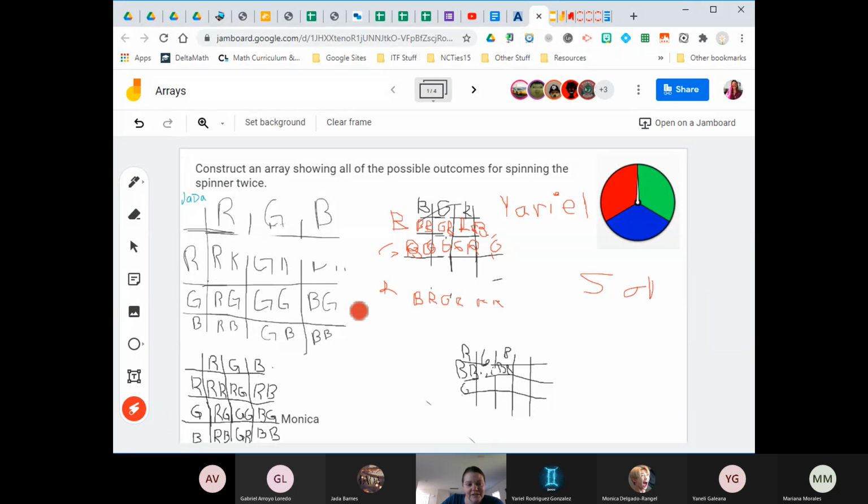What is the probability of spinning blue first? What is the probability of spinning blue first? 3/9. Exactly right. What is the probability of spinning green in any order?